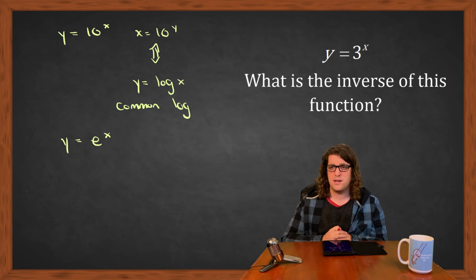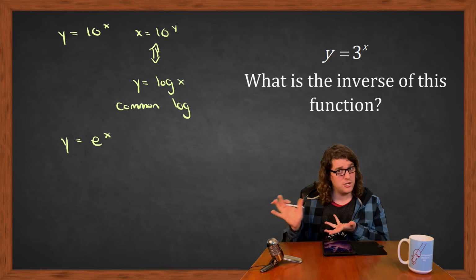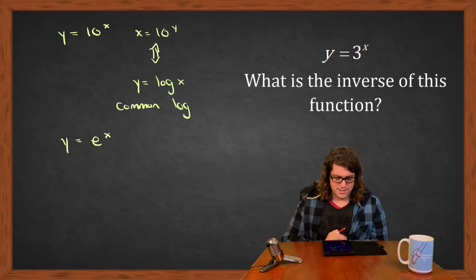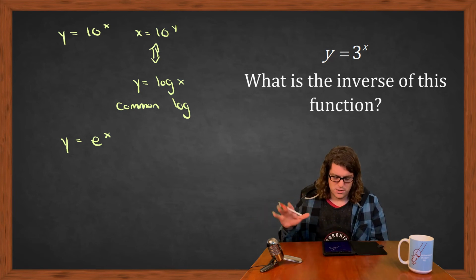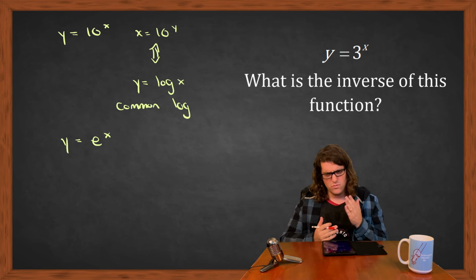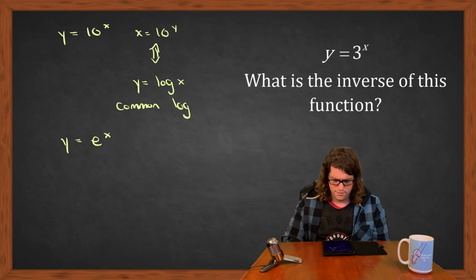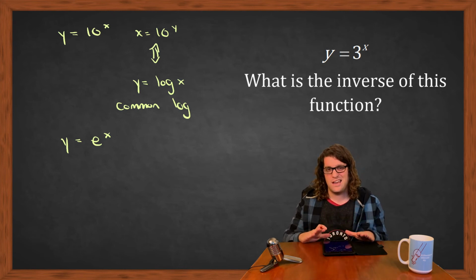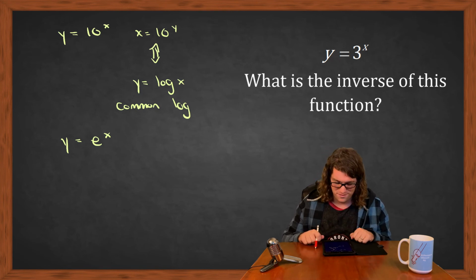So e is a number that is irrational, kind of like pi, and it's actually not super far off of pi, 2.718-ish, I believe. And it, again, just kind of keeps going with no particular terminating value for those decimal places.